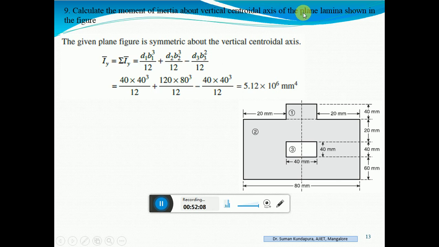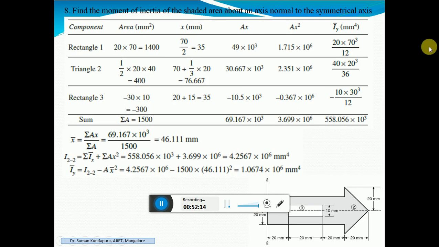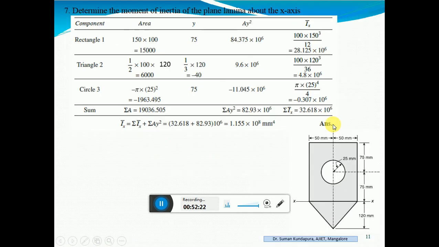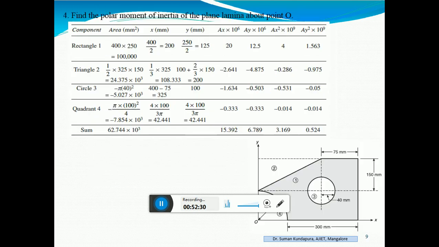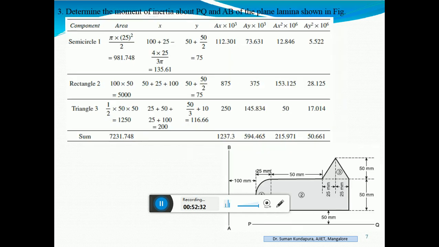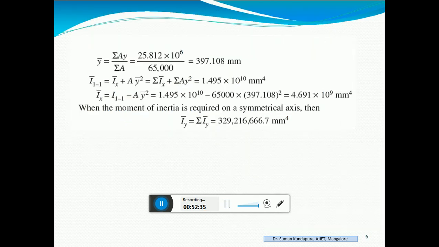When I told you, whenever the figure is symmetrical about the y-axis or any axis, then we can directly write these values. In a previous problem we directly wrote Iy bar. When the moment of inertia is required about a symmetrical axis, then Iy bar is directly the summation of Iy bar.